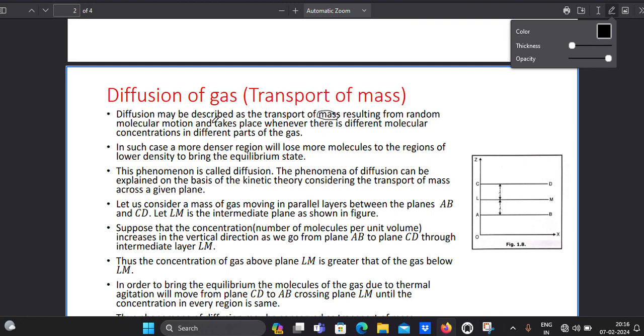When mass moves, then gas is diffusing, resulting from random molecular motion. Random means the molecules may move in different directions. That is random molecular motion, and it takes place whenever there is a different molecular concentration.